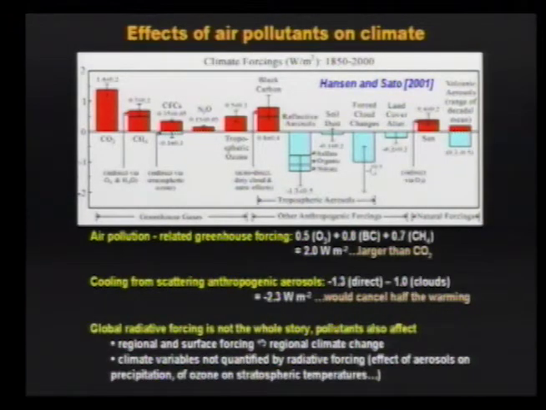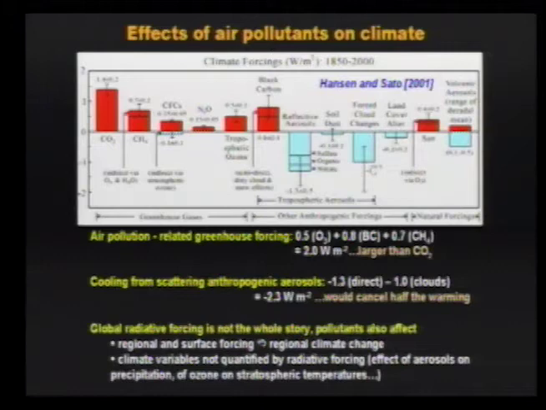Okay, here is a plot taken in fact from Daniel also, showing, of course, this you know that. But what I wanted to point out here is that the air pollution-related greenhouse forcing is probably of the order of 2 watts per square meter. If you take the tropospheric ozone, the black carbon, and the methane changes that have occurred, which is relatively important.